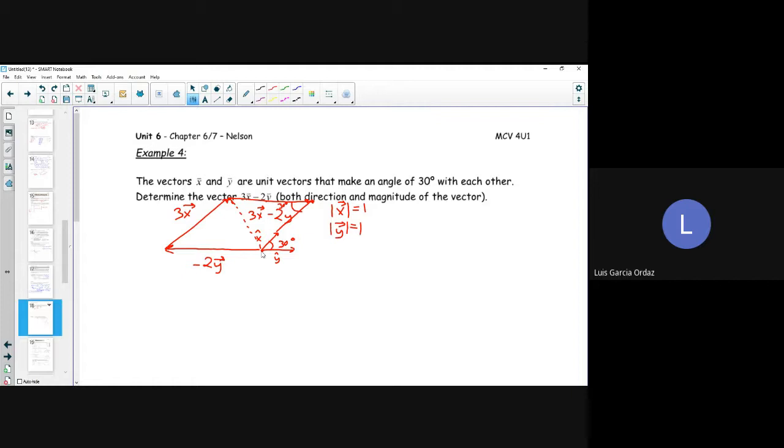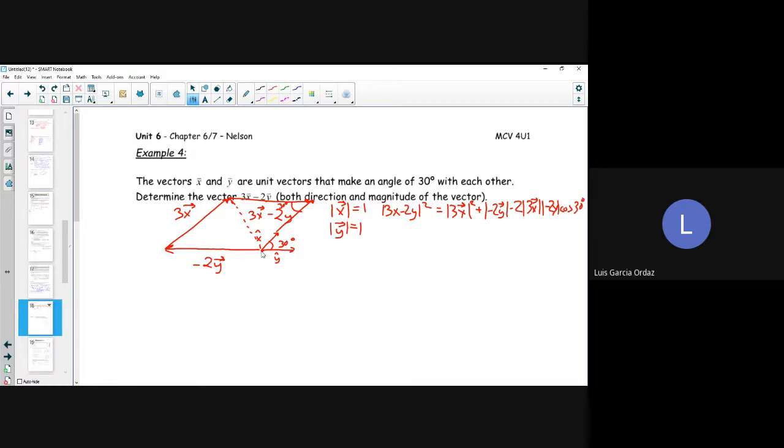However, because I want to find 3x minus 2y whole squared, all I need to do is take the magnitude of vector 3x squared plus the magnitude of negative 2y squared minus 2 times the magnitude of vector 3x times the magnitude of vector 2y times cos of my angle, which is 30 degrees.